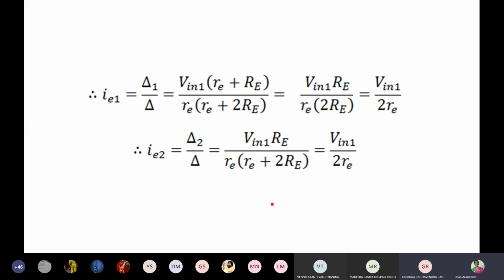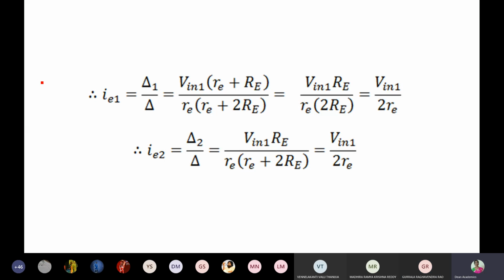Okay, so what you have mentioned in your own words, I'm just showing here. Please write it down in your notebooks. IE1 is equal to delta 1 by delta, where delta 1 and delta we have just simplified.